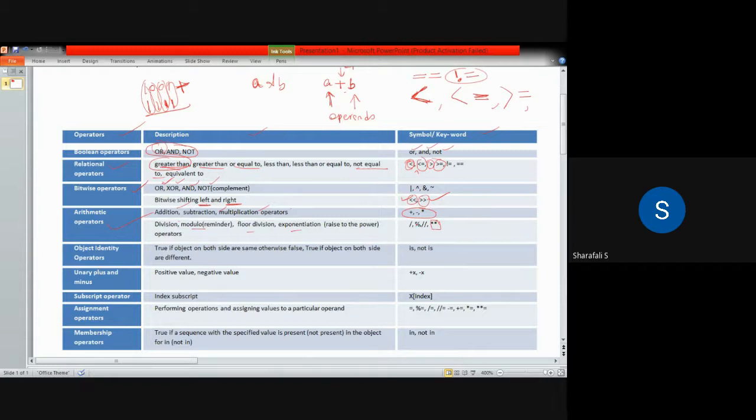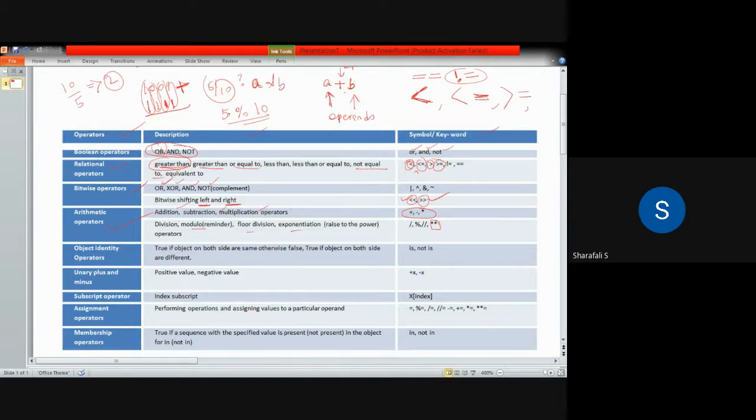So this is division, and then we have this modulo operation. Modulo operation means, for example, if you want to find the remainder after dividing these two, 5 by 10, what will be the remainder? Or if you consider 10 by 5, we will be getting 2, so there is no remainder.